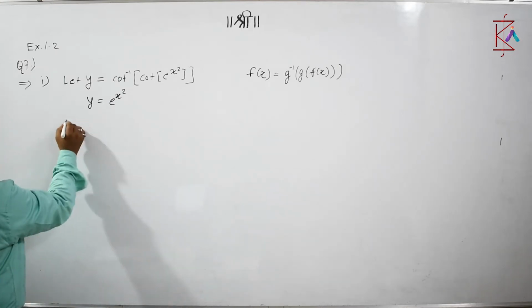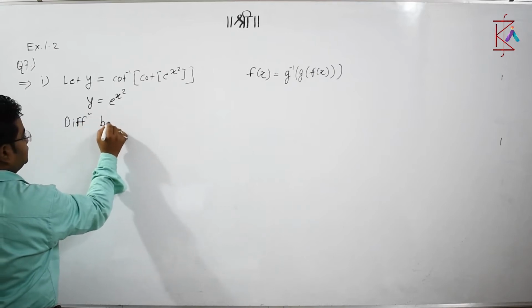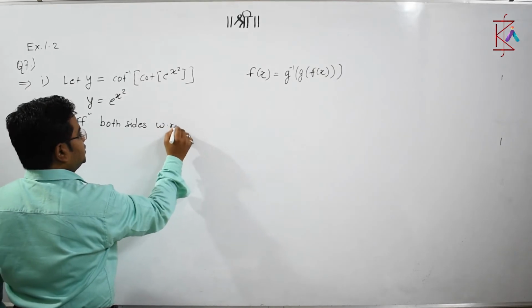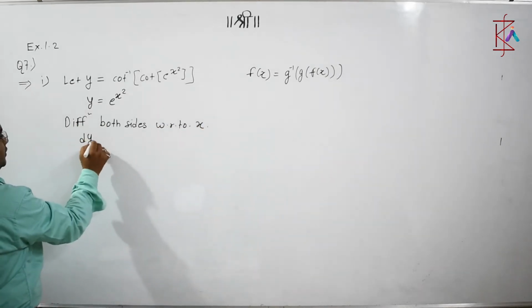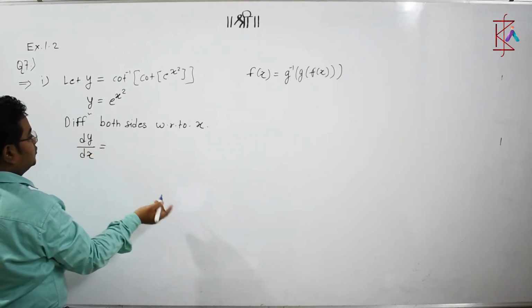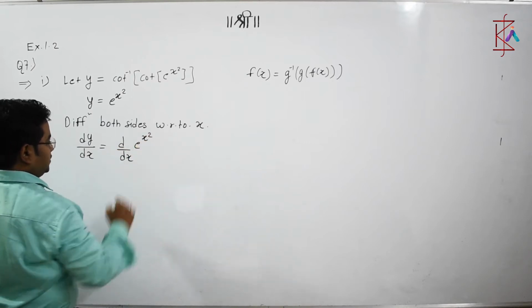Okay, now differentiating both sides with respect to x again. Therefore dy upon dx is equal to what? d upon dx of e raised to x square.